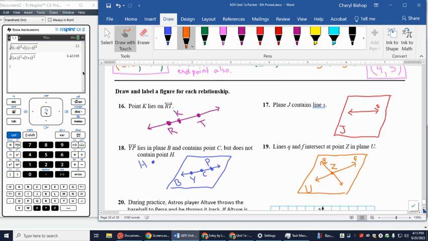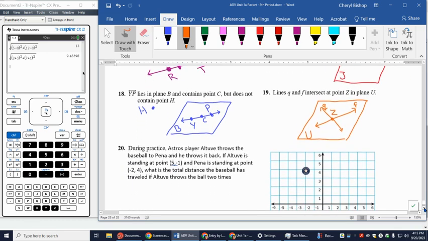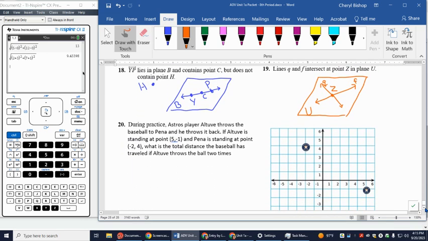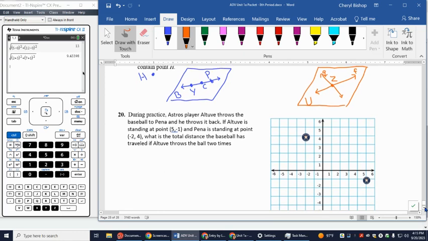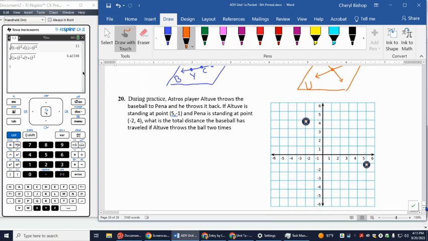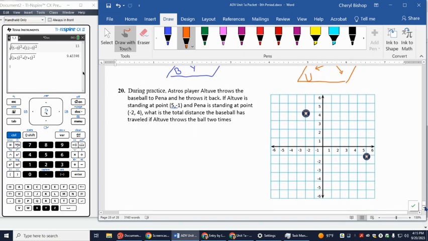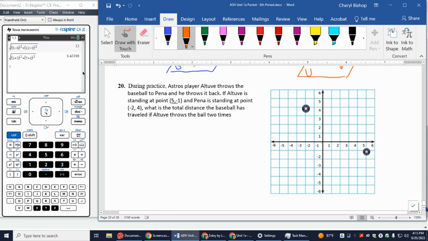All right, last question. During practice, Astros player Altuve throws the baseball to Pena, and he throws it back. If Altuve is standing at (5, -1), and Pena is standing at the point (-2, 4), what is the total distance the baseball has traveled if Altuve throws the ball 2 times?